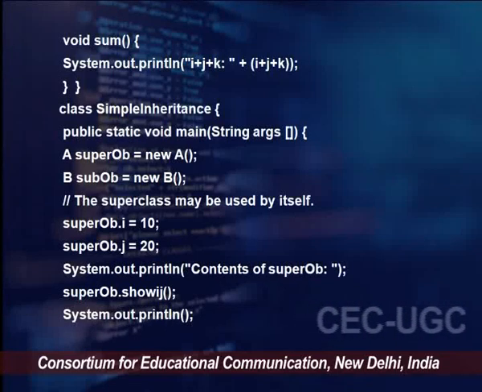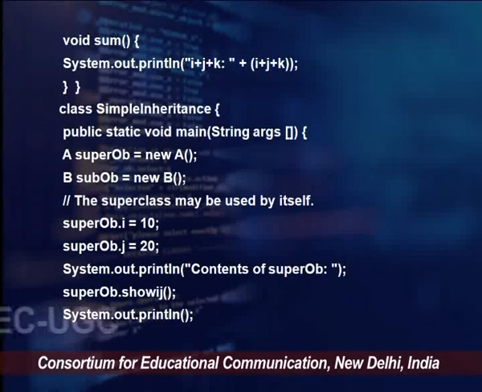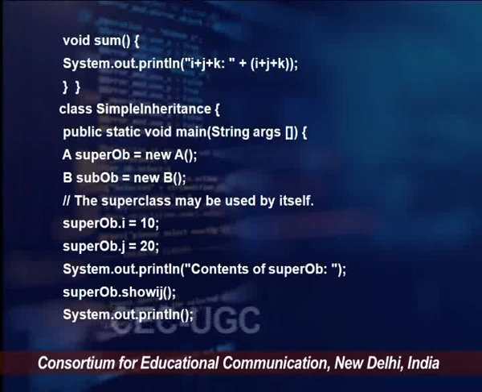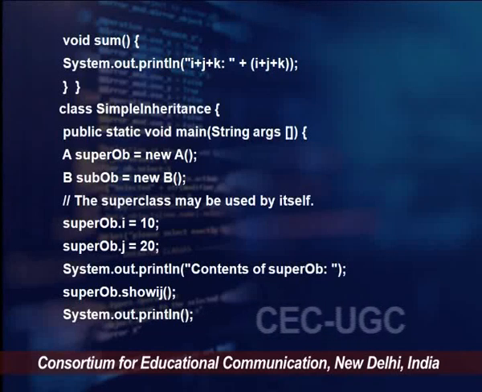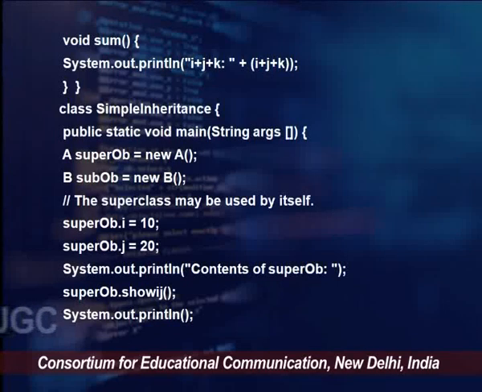So if this program is going to work fine, which it will, I am sure. So here this sum function which is defined inside the class B is accessing i and j and k, all the three elements.